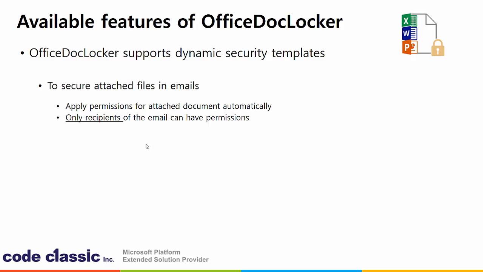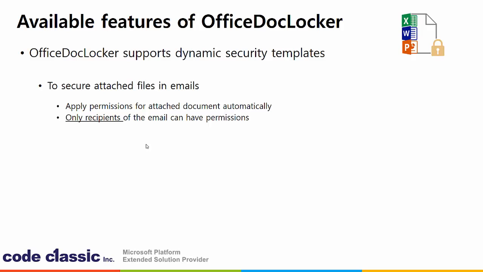So the first function that you can use with OfficeDocLocer is to secure attached files in the email. So you can apply the permissions for attached documents automatically. Basically, the RMS security templates are static.